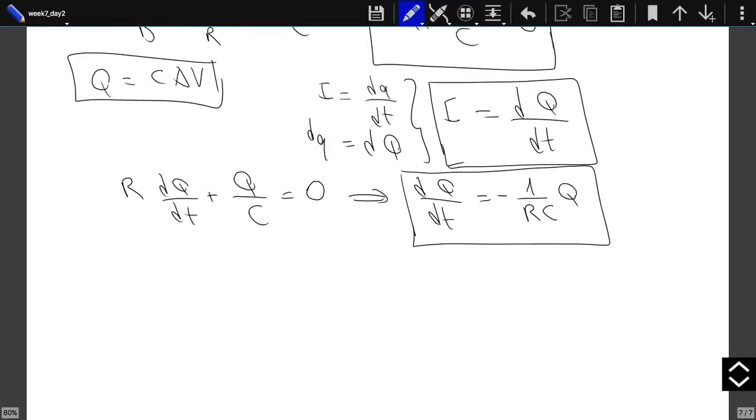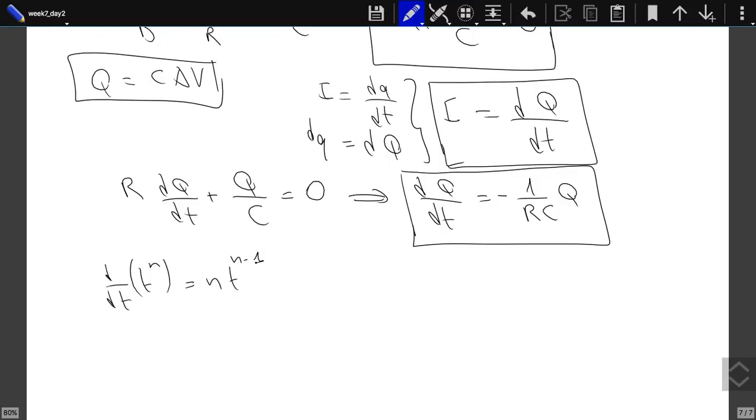Now, what are some of the functions that you know? Let's try them. Which functions do you know? You know polynomials, right? So d by dt of t to the power n is equal to n times t to the power n minus 1, well, it doesn't satisfy that equation.